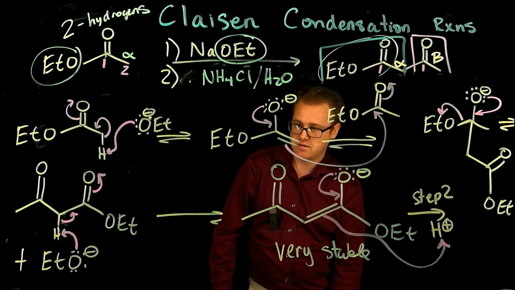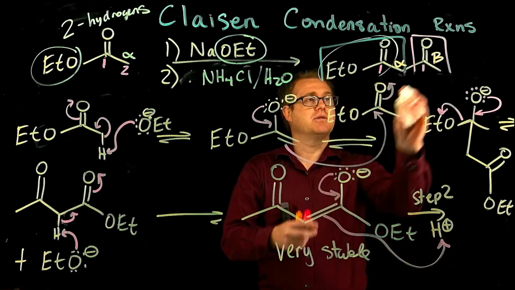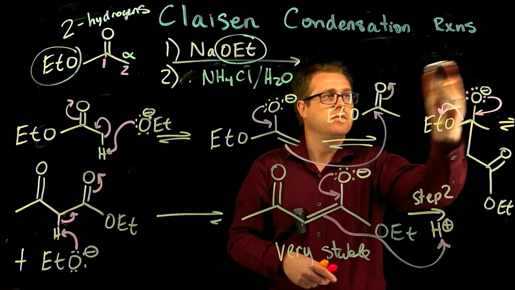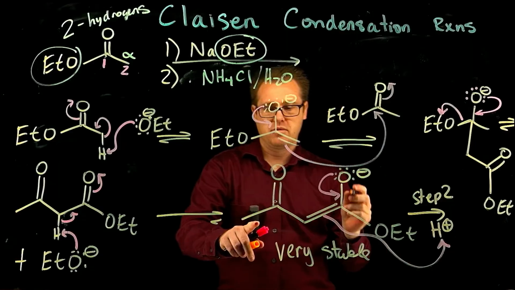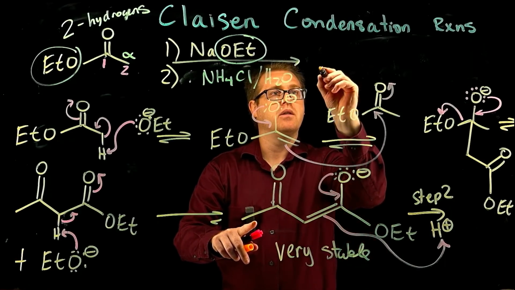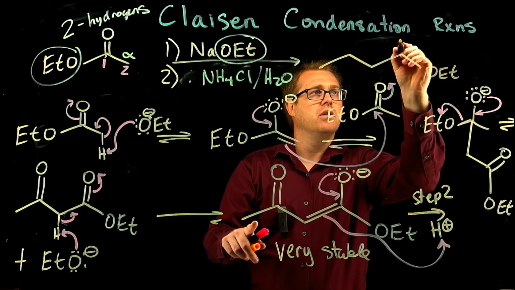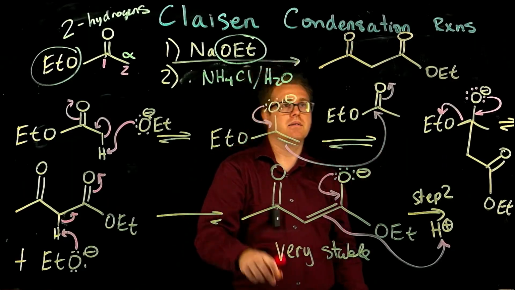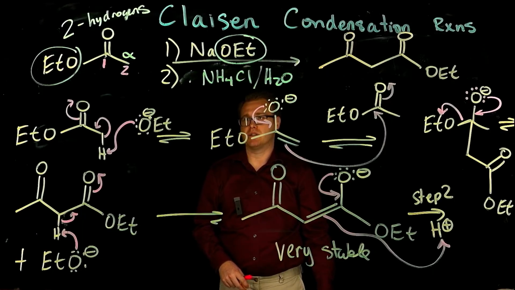And our product, you can't really see it very well, so let's redraw it. So our product would be 1, 2, 3, 4. Like that. So that's our beta keto ester.